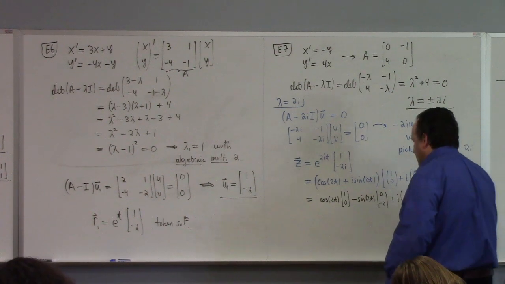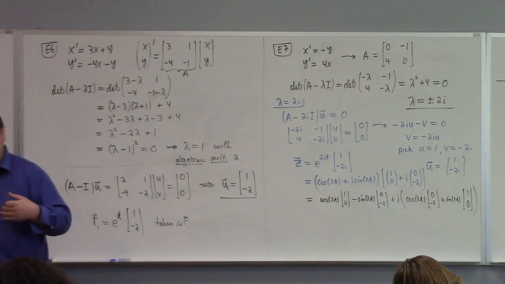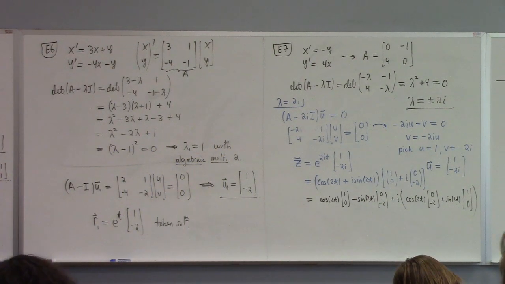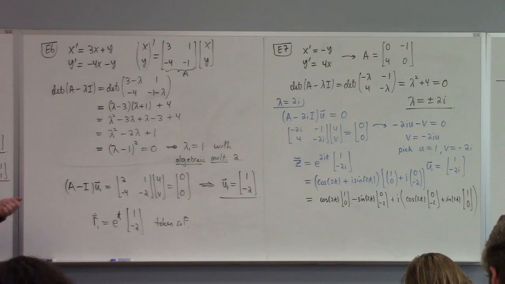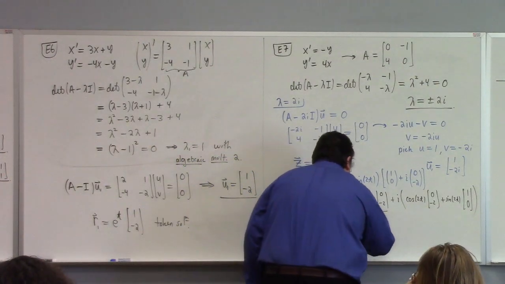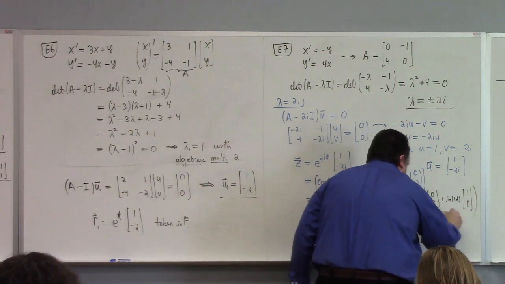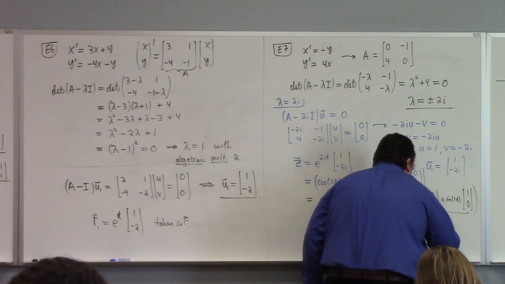So if you're wondering what I did, I just multiplied it out, and I did one small thing, which was i squared is minus 1, right? The reason I've done all this, my friends, is that this is precisely the real part of the complex solution. The coefficient of i here is the imaginary part of the complex solution.